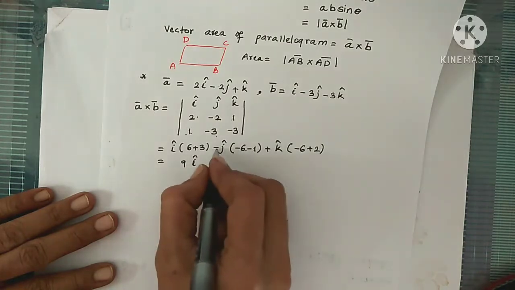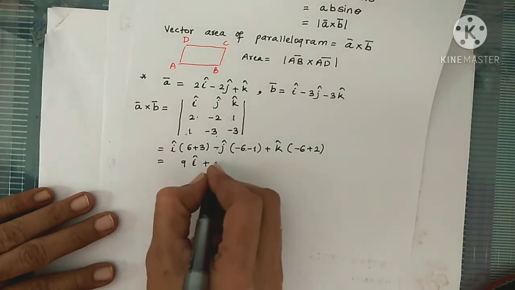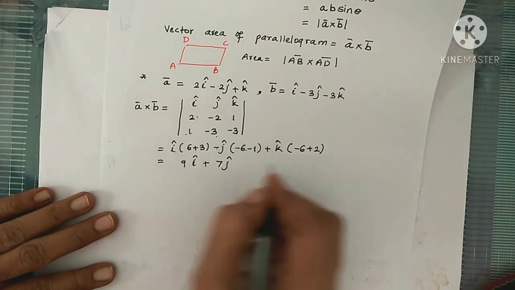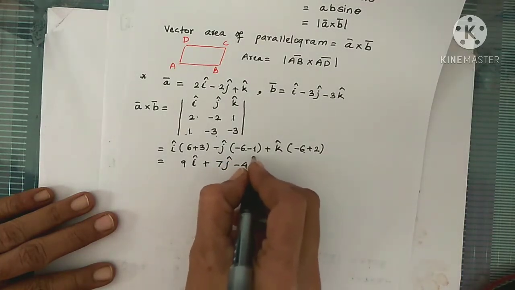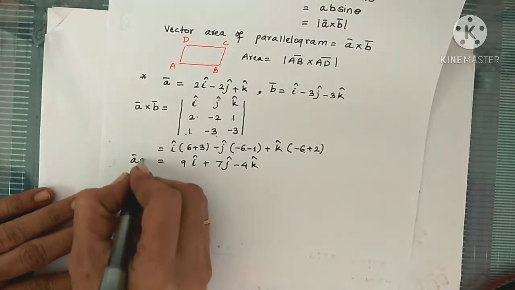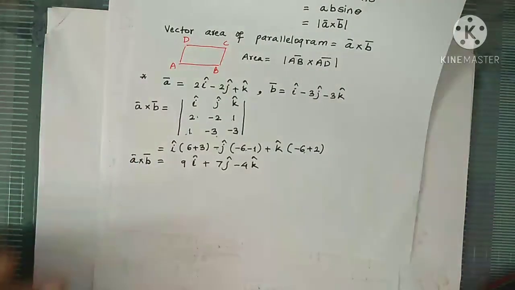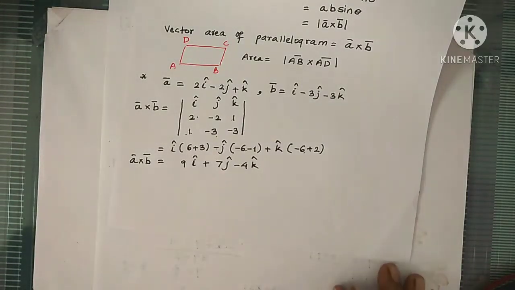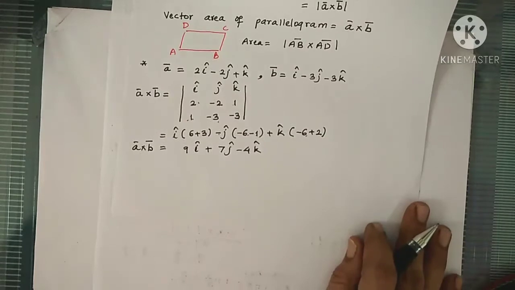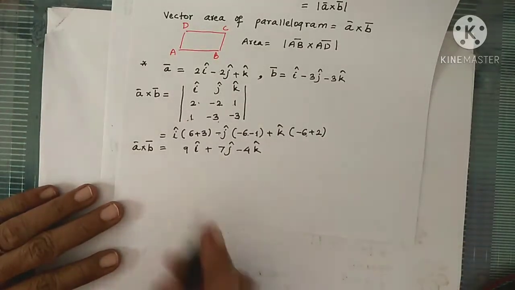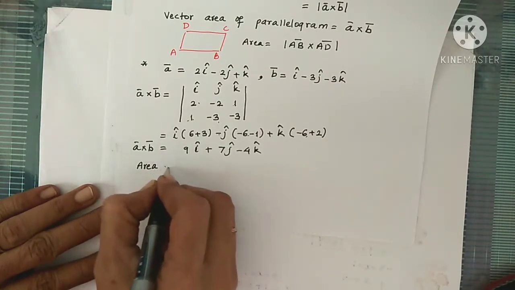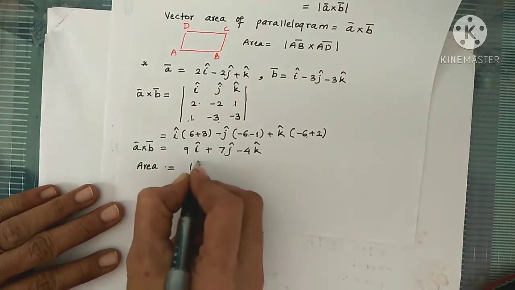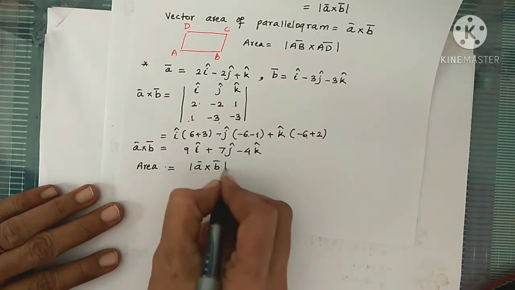This is -7, but here we have a minus sign, so this becomes plus 7 j cap. This one is -4 k cap. So we have A bar cross B bar. If vector area is asked, then this is the answer: the vector area of the parallelogram having adjacent sides A bar and B bar is 9i cap plus 7j cap minus 4k cap. And area, which is a scalar quantity, is modulus of A bar cross B bar.